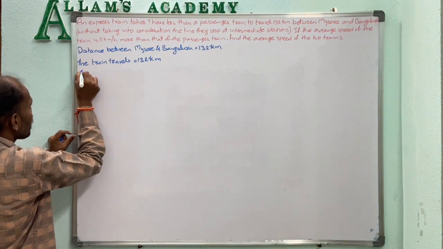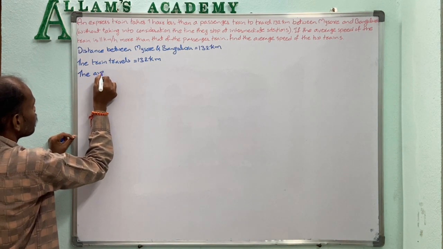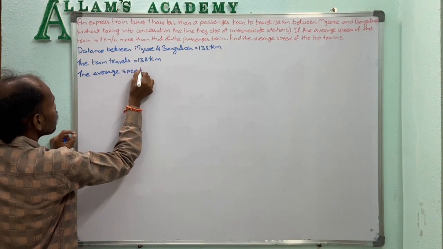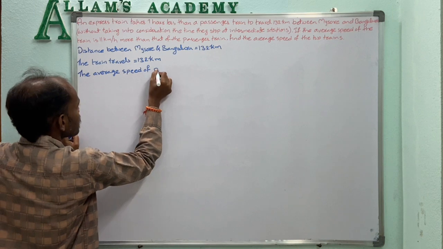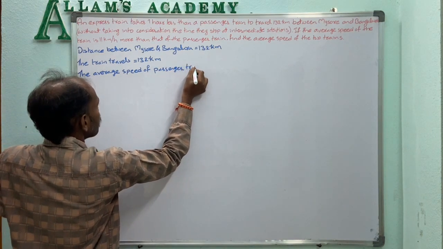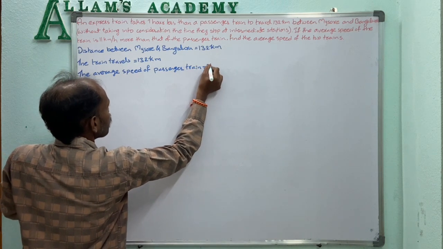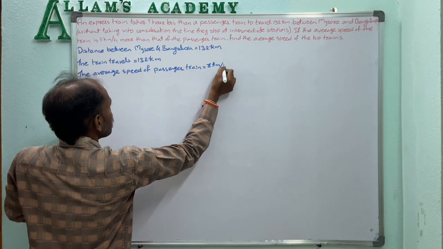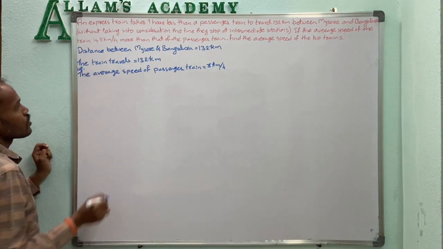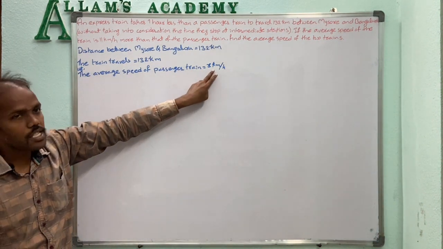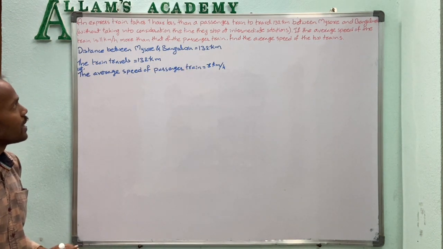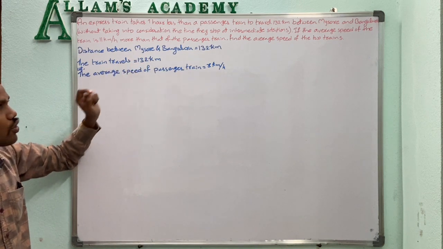Now we take the speeds of the trains. The average speed of the passenger train equals x kilometers per hour. So at x kilometers per hour, how much time will it take to travel 132 kilometers?